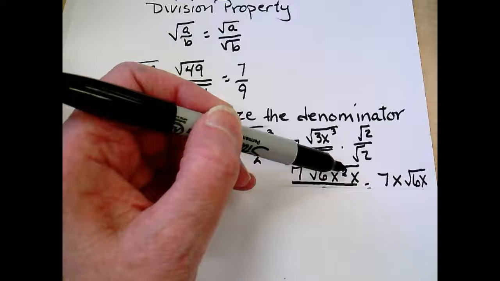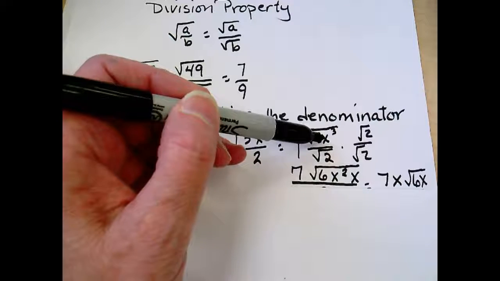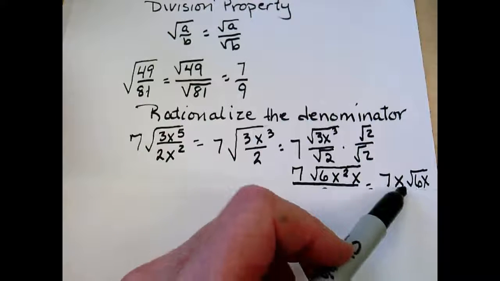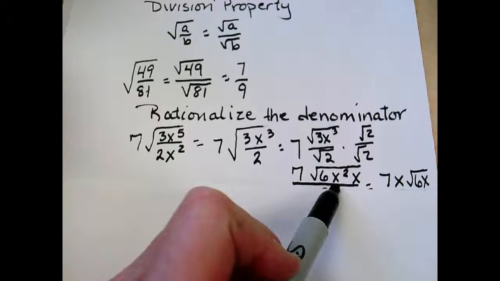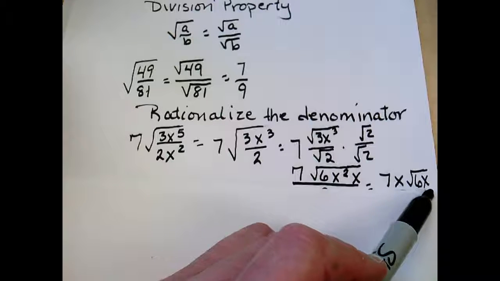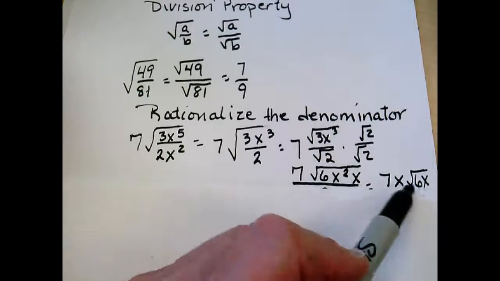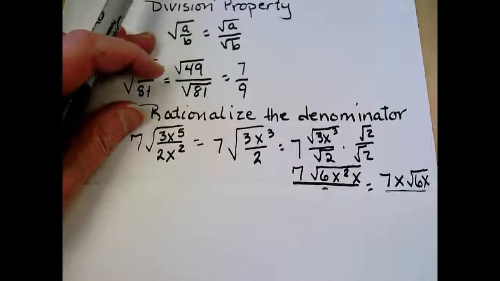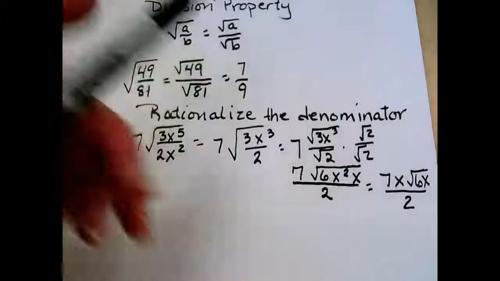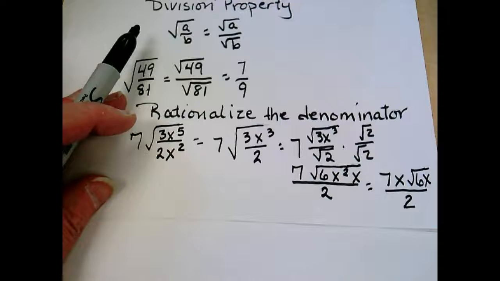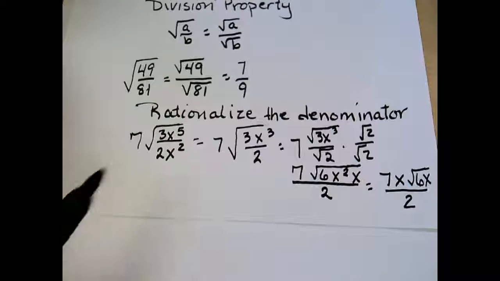X squared times x gives me back that x cubed, so I can simplify that numerator and bring out this x squared. Square root of an x squared is x, and then the 6 and the single x stay underneath. The denominator, because I had a square root of 2 times the square root of 2, is just 2. So once it's simplified, that 2 just goes on the denominator. And that is rationalizing the denominator.